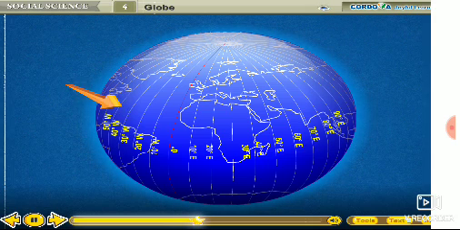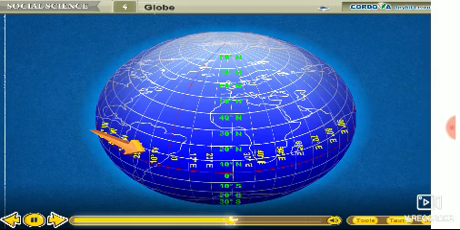Half of these circles between the North Pole and the South Pole are called meridians or longitudes. The parallels and the meridians intersect each other at right angles, and the network of these lines on a globe is called the Earth's grid. These lines help to locate the position and direction of a place on a globe.